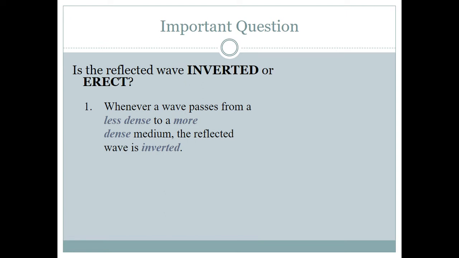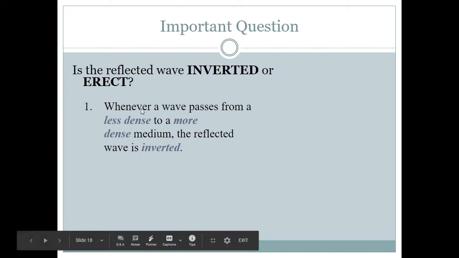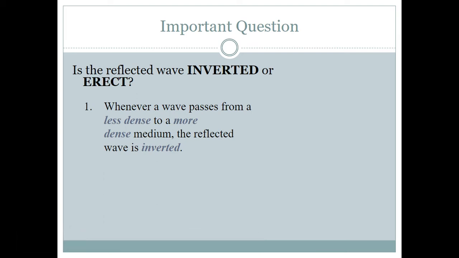Okay, is a reflected wave inverted or erect, or upright? This is important to recognize. We've seen this already in that very first video about reflection. Whenever a wave passes from a less dense, or what we call a fast medium, to a more dense, which is a slow medium, the wave is inverted.